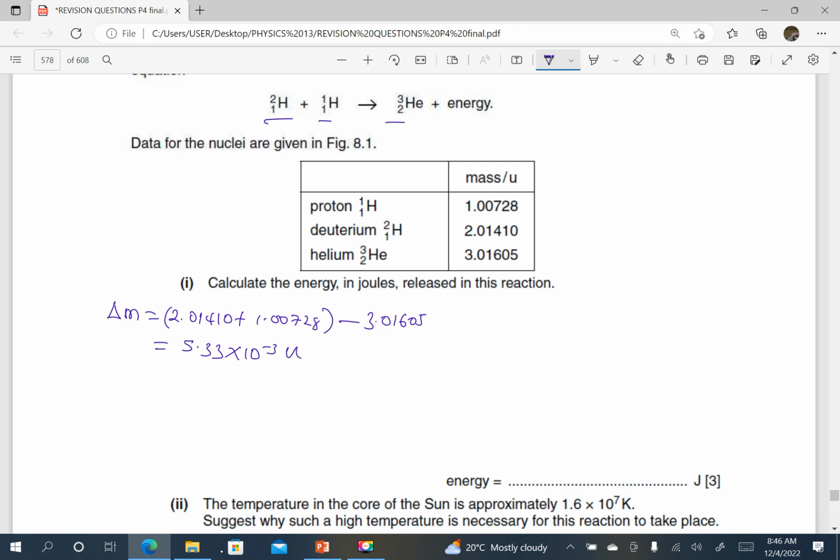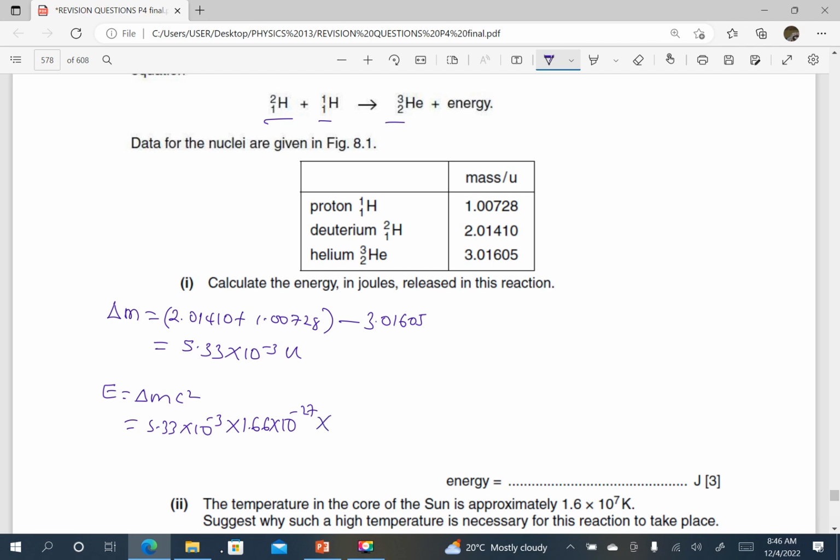Then we can find the energy equivalent. Remember, energy is going to be delta M times C squared. So this is going to be 5.33 times 10 power negative 3. We change this to kilograms, so that is times 1.66 times 10 power negative 27.